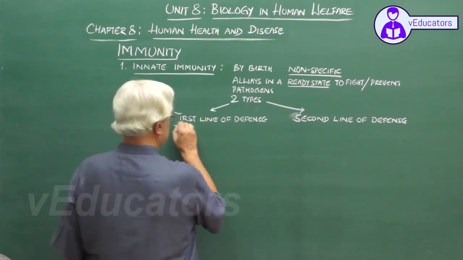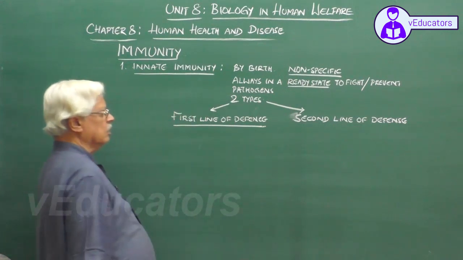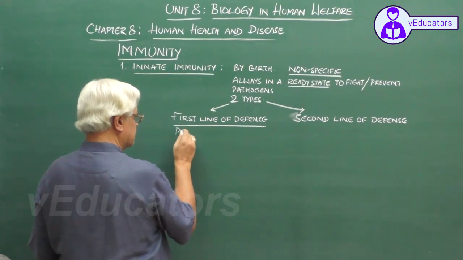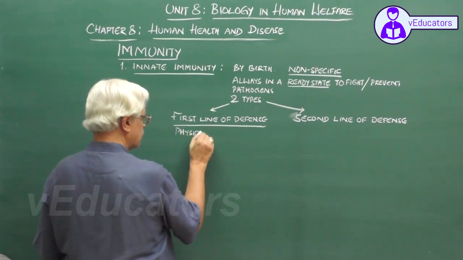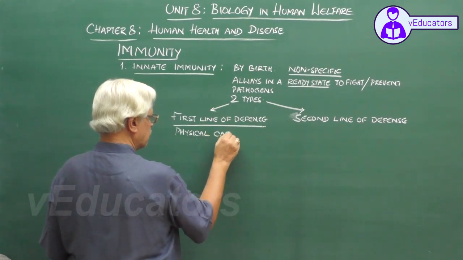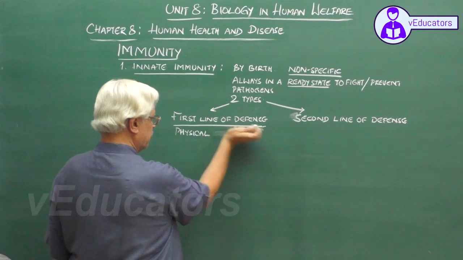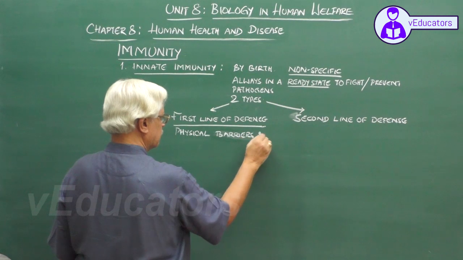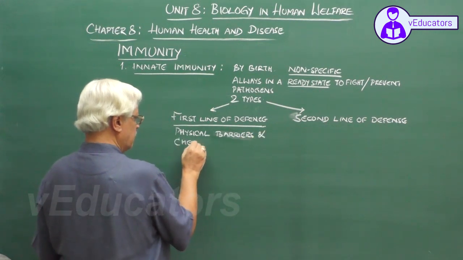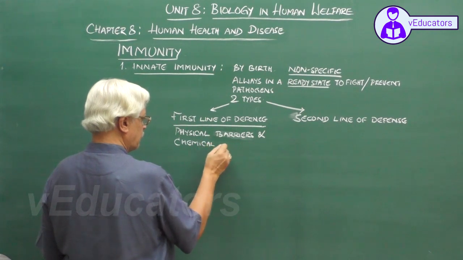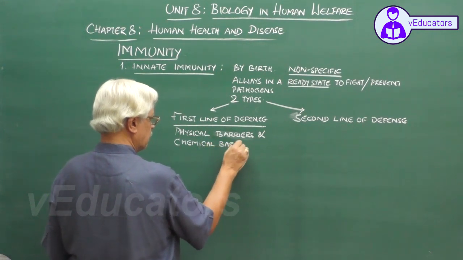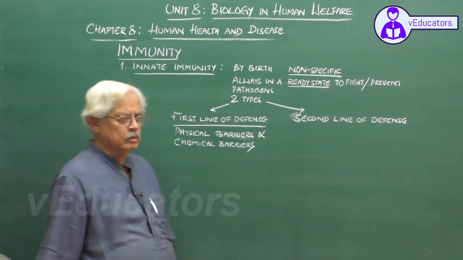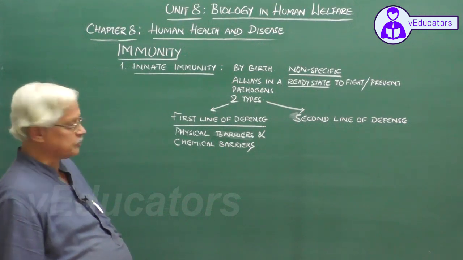The first line of defense is in the form of physical barriers and chemical barriers that prevent the entry of pathogens.